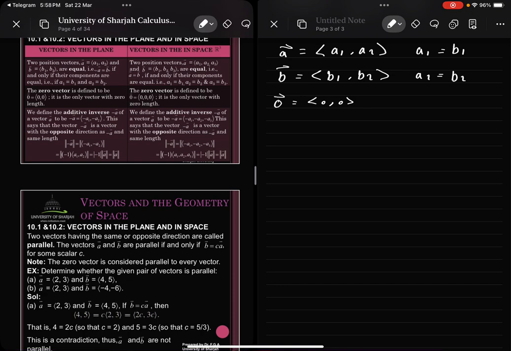We define the additive inverse of a vector A as the negative vector -A, which is (-A1, -A2).